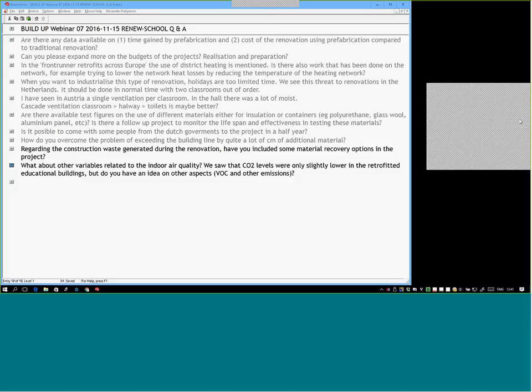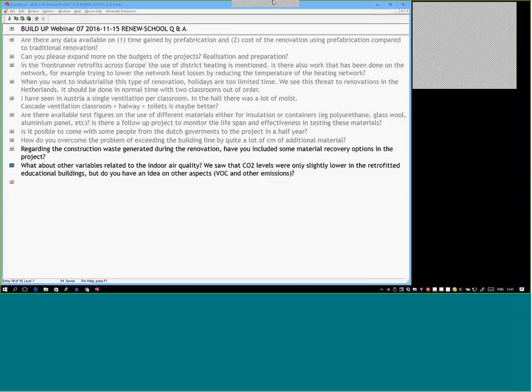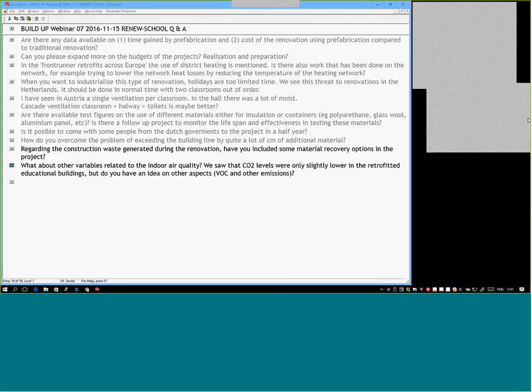If I understand it right, on the recycling part of material options here, normally there is no plan for how you can use it again, but of course it's very easy to disconnect everything of this wooden element and use it again as construction, for example.